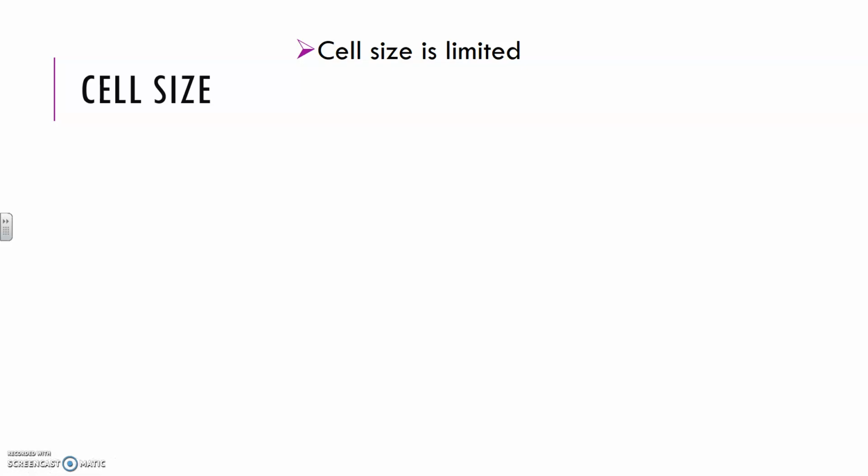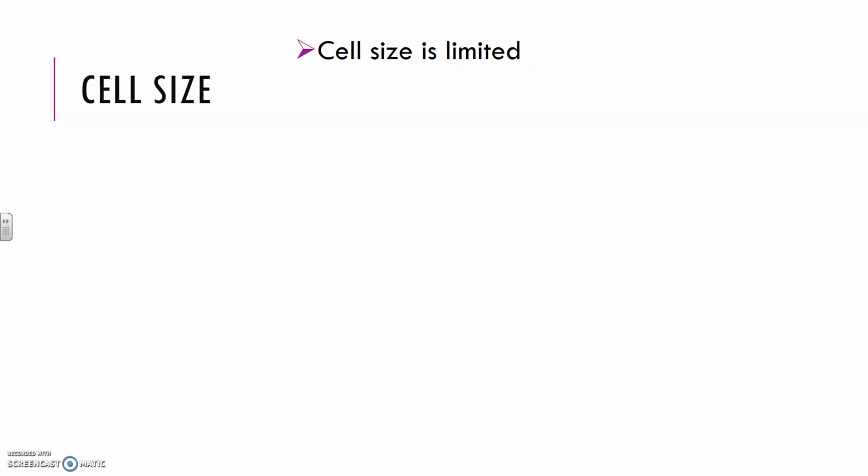One of the important things to remember during the cell cycle is that it's really driven because cell size is limited. Now, cells can actually continue to grow if they really wanted to, but there becomes a point when the cell becomes so large that it's unmanageable.